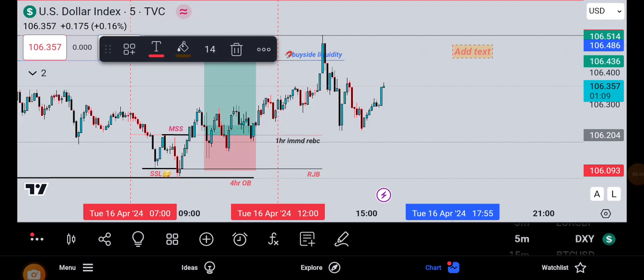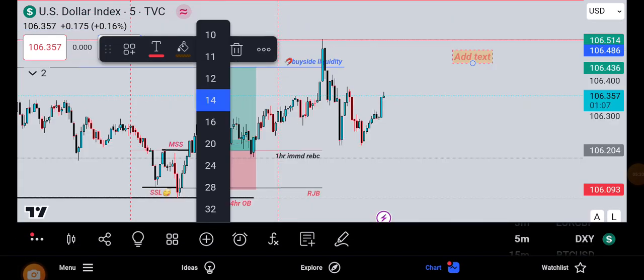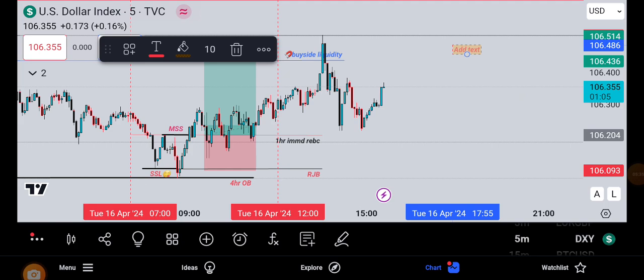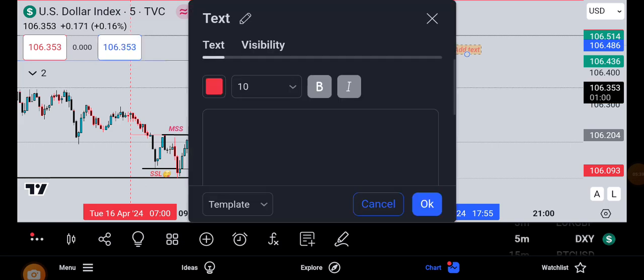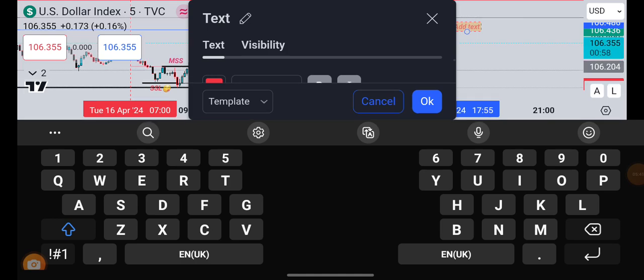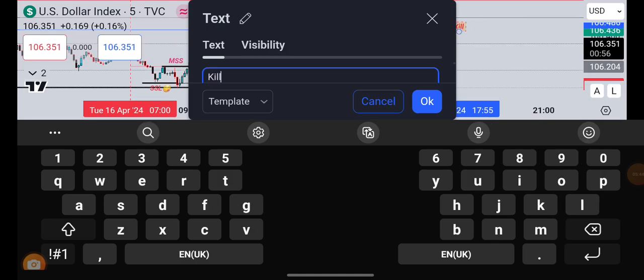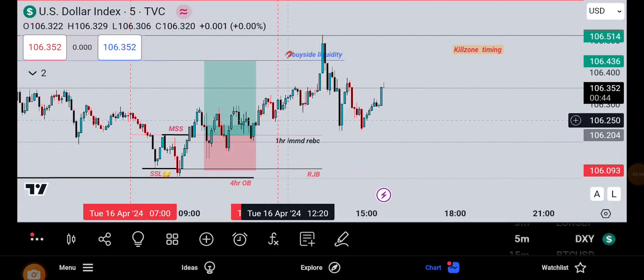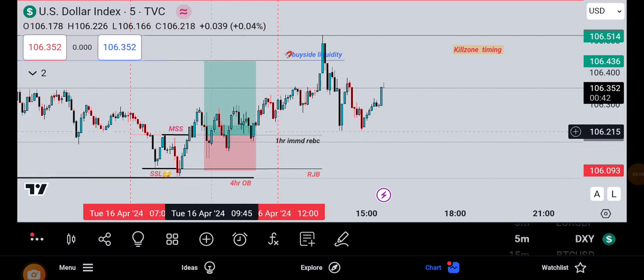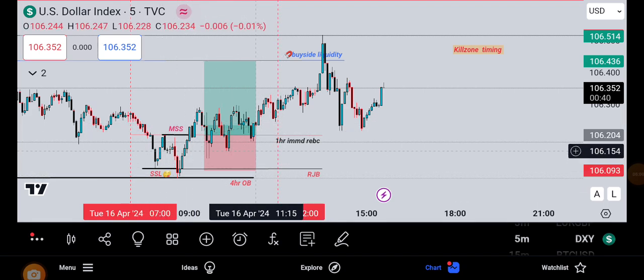What I usually look for first is to ensure that I'm inside my kill zone, which is the timing part. So on this, I saw this play because we are inside the New York kill zone.